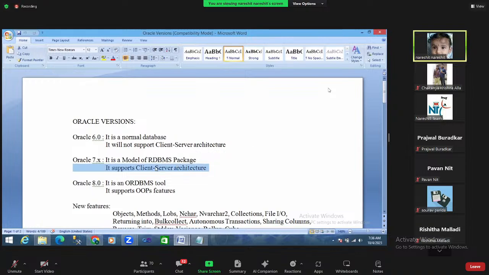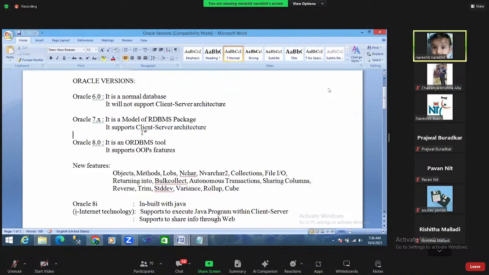The next version is 8.0. It is an ORDBMS tool and it supports OOPS features. 7.x supports only normal relational database features. Objects are added from 8.0 onwards, which is called OOPS features.